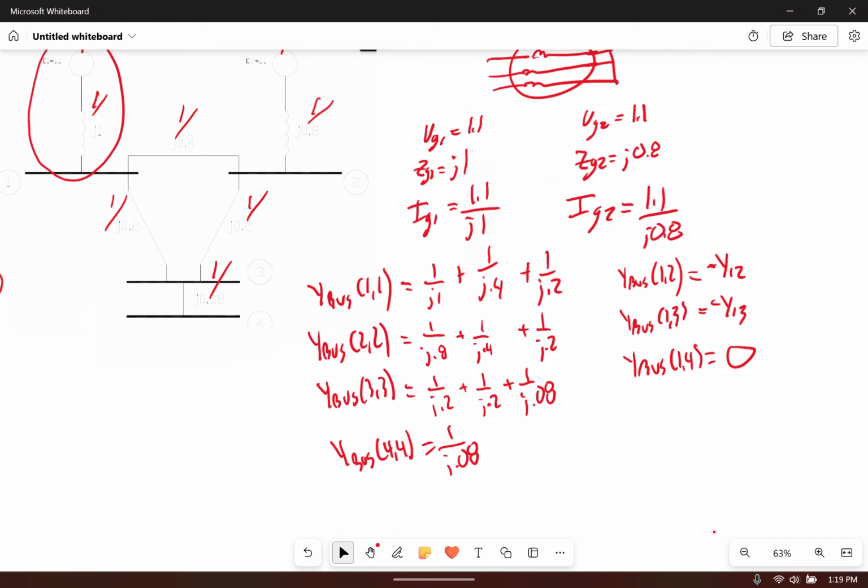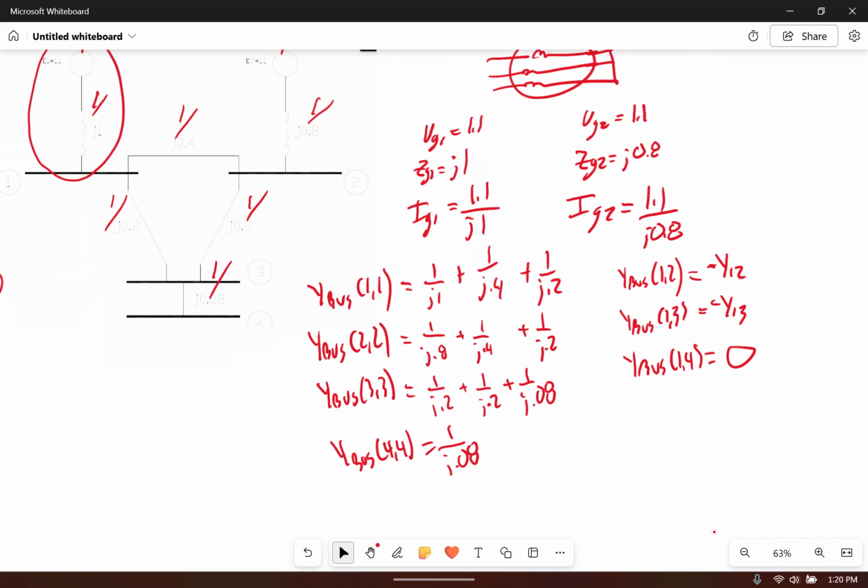We just said that in class, that there's no direct connection, so it has an infinite impedance. And when we invert an infinite number, we end up with 0. So you do actually have a Y bus 14. It just so happens to be equal to 0. Do not forget that that term has to be entered as a 0. If you try to enter a matrix without all the numbers, you're going to find that you have some issues there.